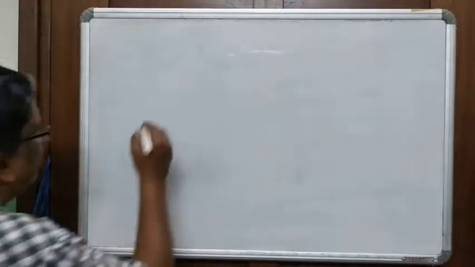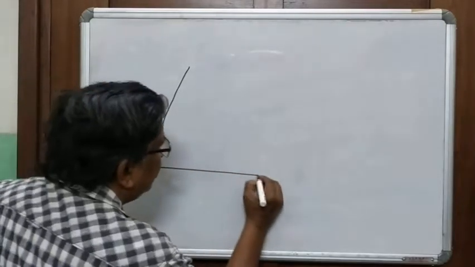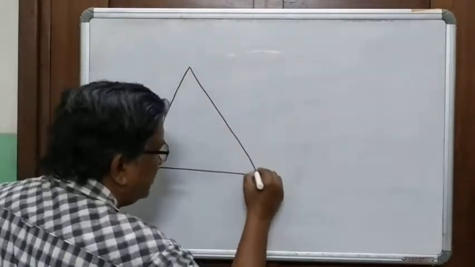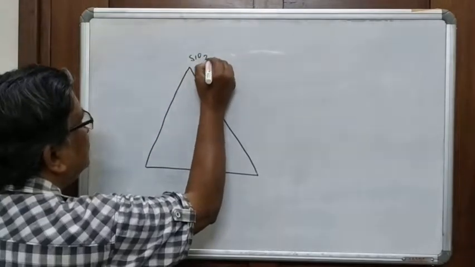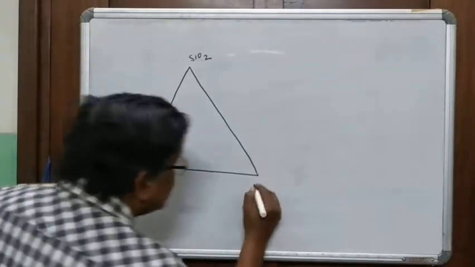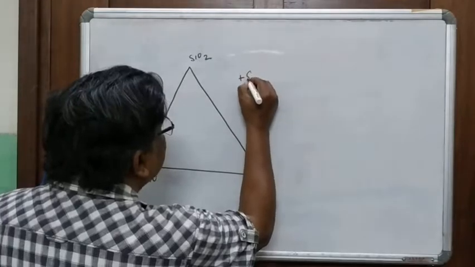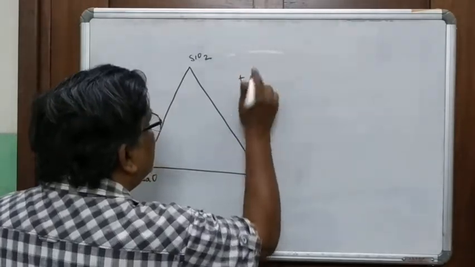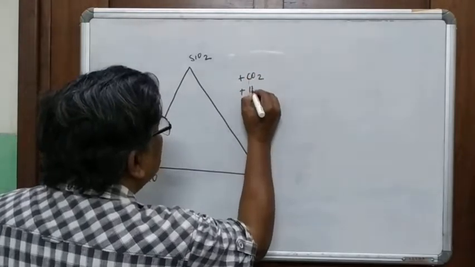Now, in this part of the phase diagram, we have the following phases which exist: SiO2, CaO, MgO, plus SiO2, plus CO2, plus H2O.